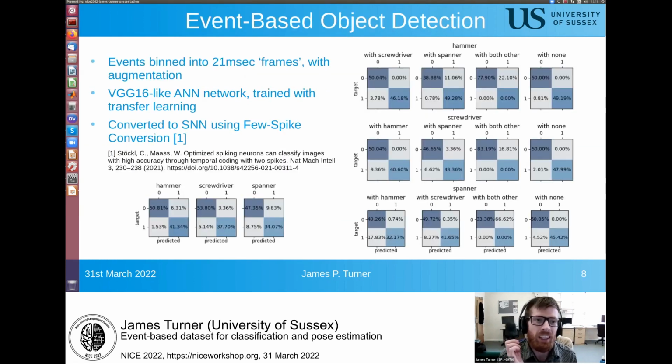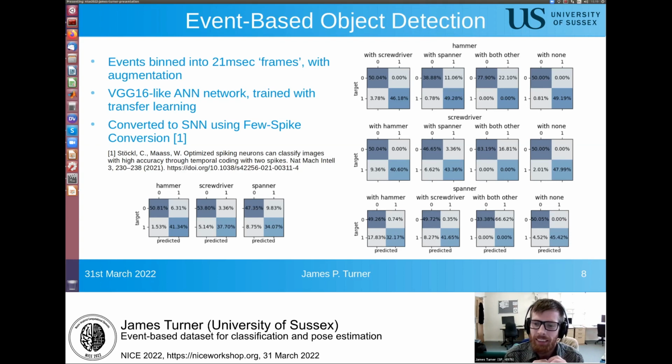Okay, so an example of what we can do with this data: object detection. What we've done here is bin our events into 21 millisecond frames. We use data augmentation to expand the dataset slightly.